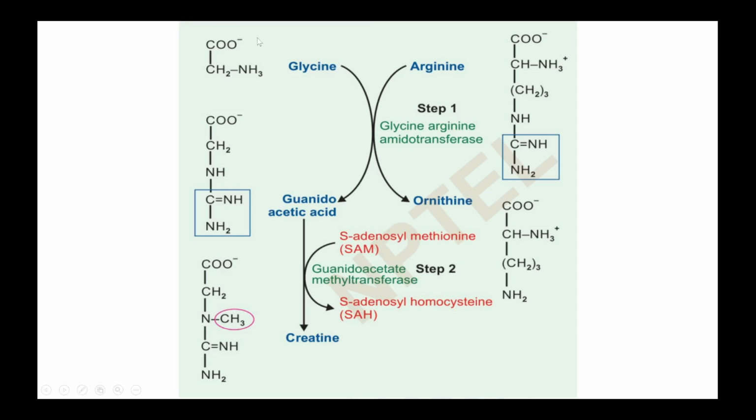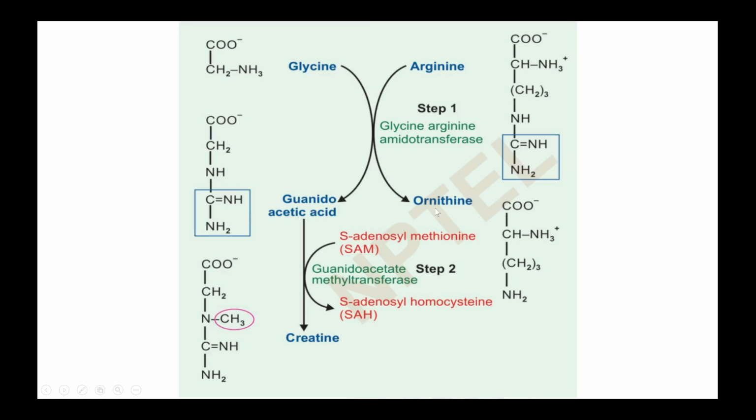So this is glycine and this is arginine. From arginine, this amide group is transferred and we get the compound guanidoacetic acid and ornithine.